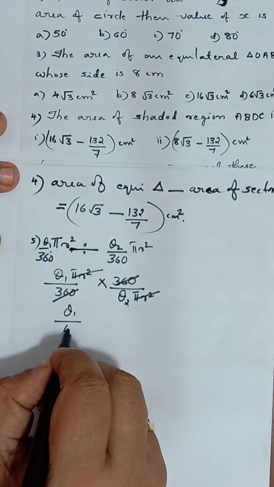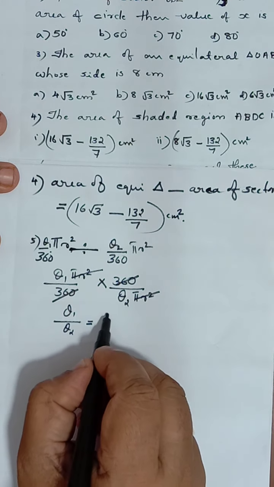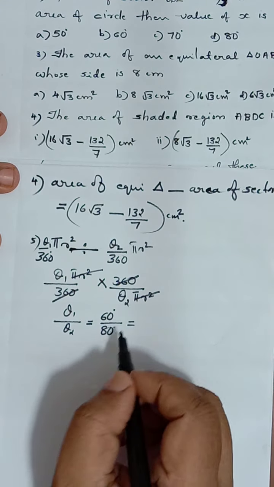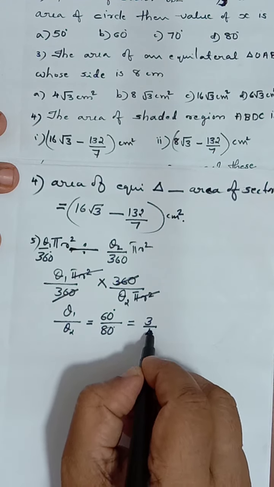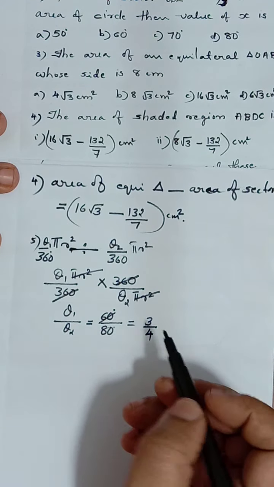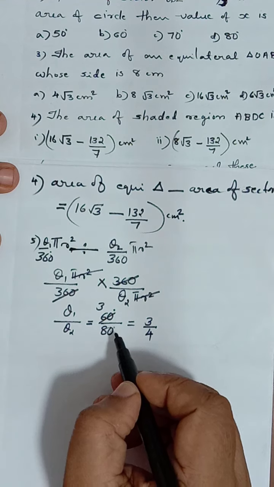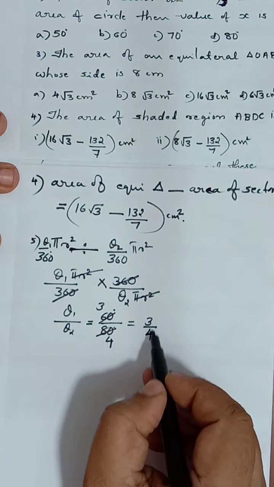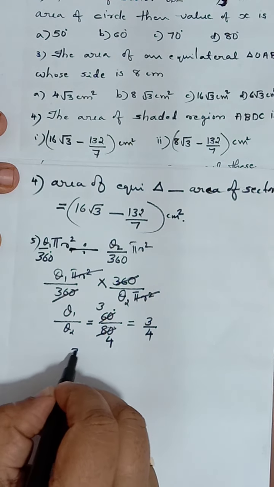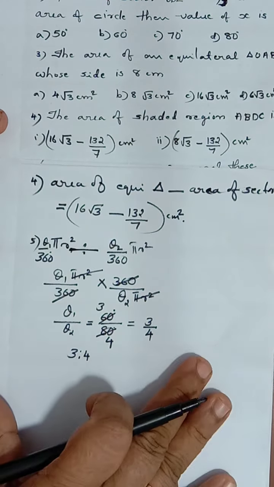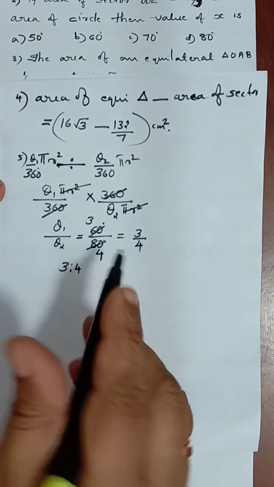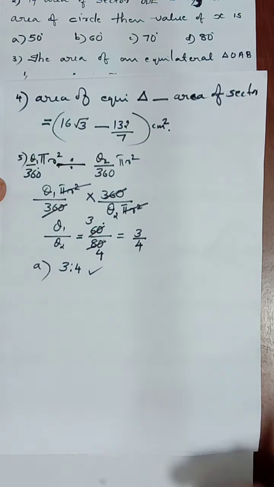Theta 1 by theta 2, that is theta 1 is 60 degree, divided by 80 degree. 6 by 8 is 3 by 4. If you cancel, 3 into 20 is 60, 4 into 20 is 80. So 3 by 4, or required ratio is 3:4. Let us check the answer. 3:4 is option A. 3:4 is correct. Okay, this is how we have to do.